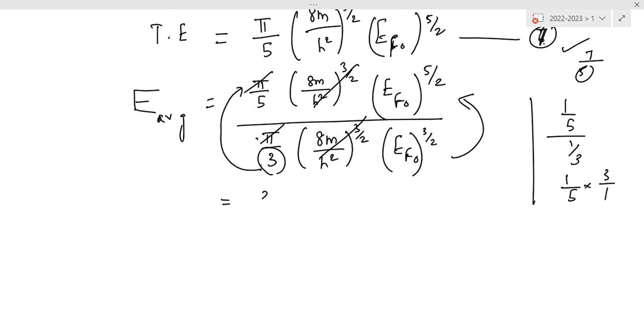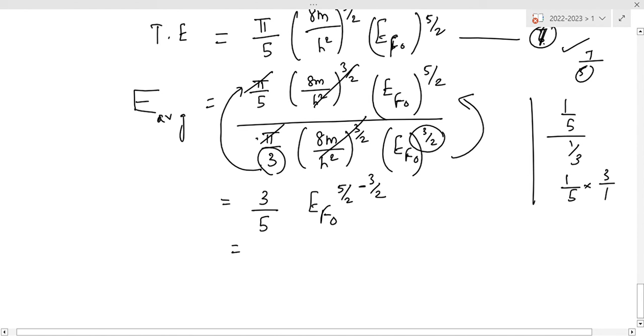Just writing it as 3 by 5, and then I have EF naught power 5 by 2 minus 3 by 2. So 5 by 2 minus 3 by 2, I will get 1 only, 2 by 2. Therefore 3 by 5 EF naught. So this is the average energy of the electrons at 0 Kelvin.